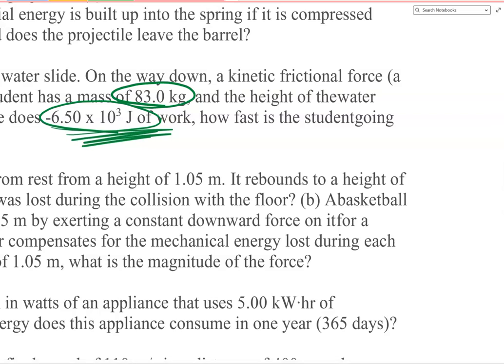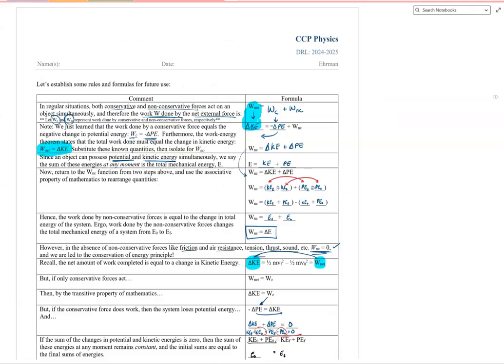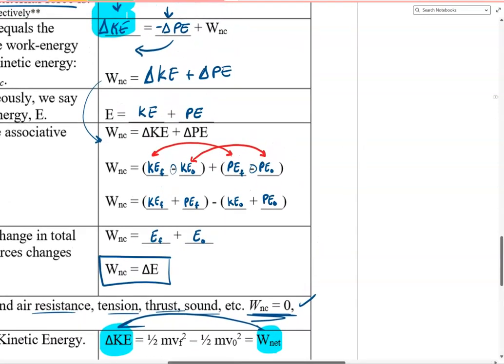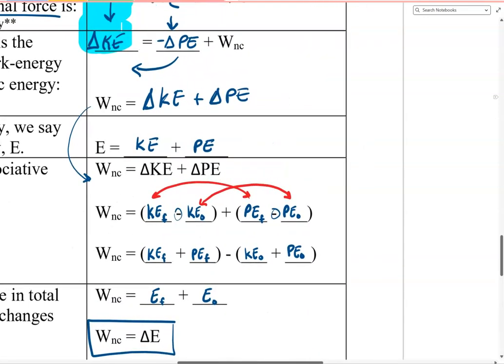force that's doing work. Now, friction is a non-conservative force, so if I look back at this series of equations that we just established a minute ago, I know there's a lot of them and we rearranged them many times, but I want to focus on this one for just a second. Work done by non-conservative forces is equal to the change in kinetic energy and potential energy.